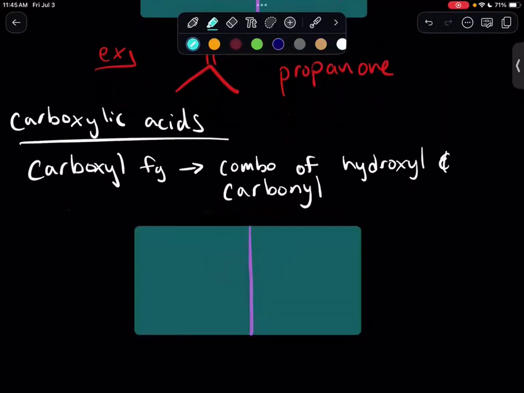In our diagram, we have R bonded to a C, double bond O, the carbonyl, single bond OH, the hydroxyl. And this is our carboxylic acid. Now, carboxylic acid has a suffix as well. It's oic acid.